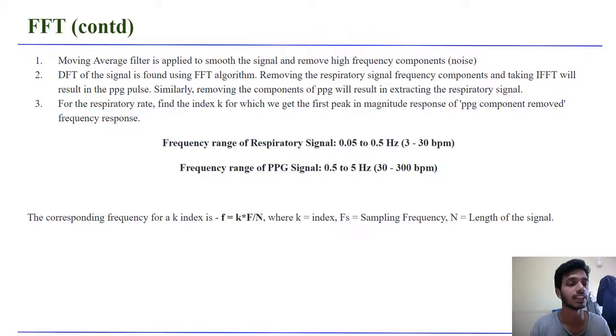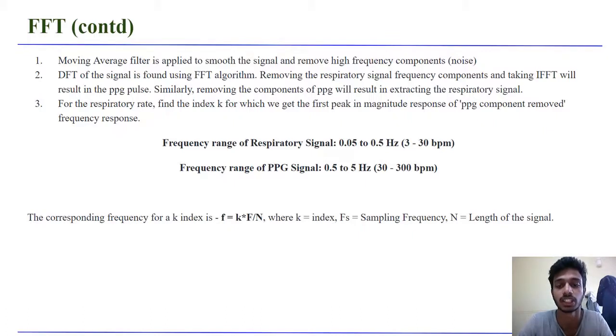So fine. This will be followed by computing the respiratory rate, for which we need to find the index k of the first peak in the magnitude response of the PPG-component-removed respiratory signal spectrum. For our information, the frequency range of a respiratory signal goes from 0.05 Hertz to 0.5 Hertz, and that of a PPG signal goes from 0.5 Hertz to 5 Hertz.